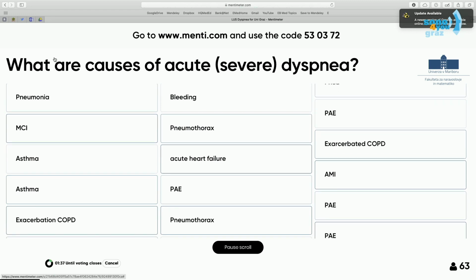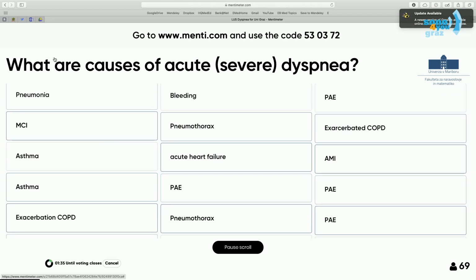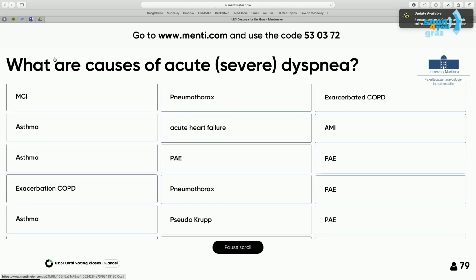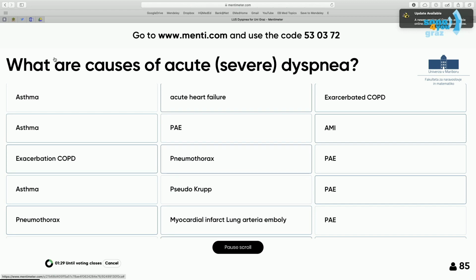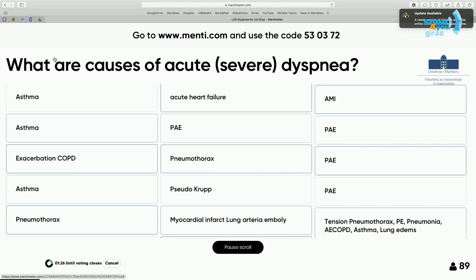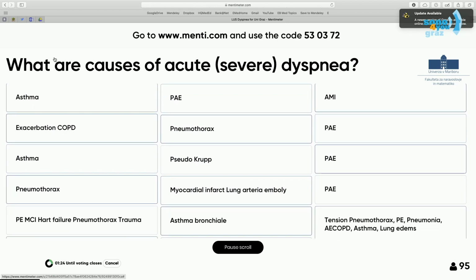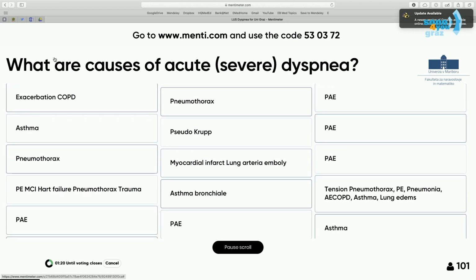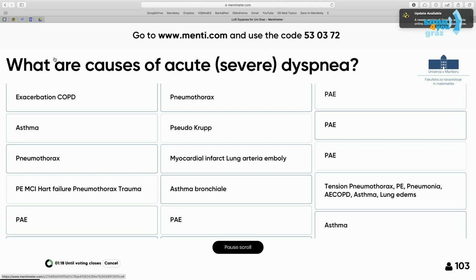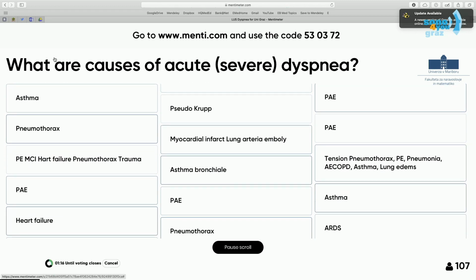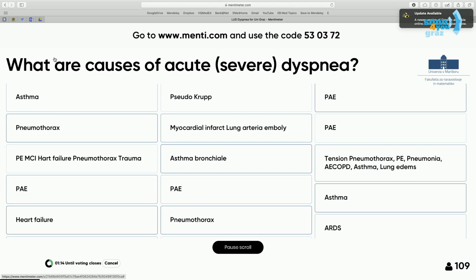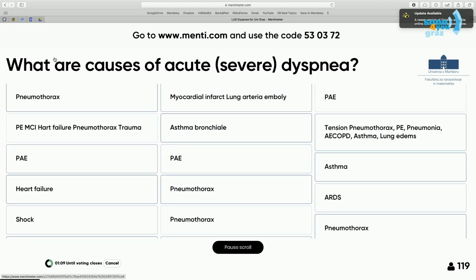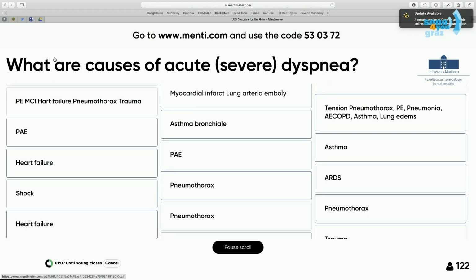Pulmonary embolism, pneumonia, MCI, myocardial infarction. That is what it is. Yeah, okay, pulmonary embolism probably. Asthma, COPD, pseudocroup, okay. Pneumothorax. PAE is probably. Aha, okay, pulmonary embolism, pulmonary thromboembolism.